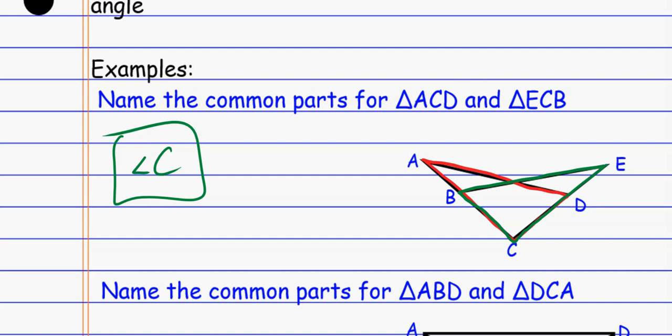And while segment BC does overlap with part of AC, and segment DC overlaps with part of segment EC, those aren't common parts because they're not ones that the triangles share. BC is a side of one triangle, but it's not one of the sides of the other triangle. Even though there's some overlap with part of one of the other sides, we wouldn't consider it a common part. Yes, it's an overlapping piece, but it's not a common part.